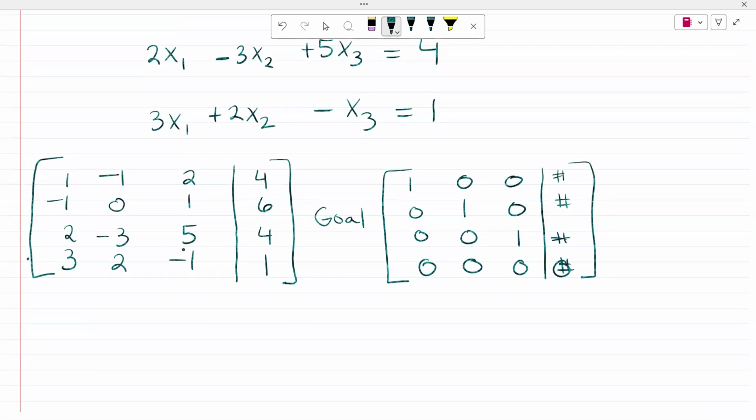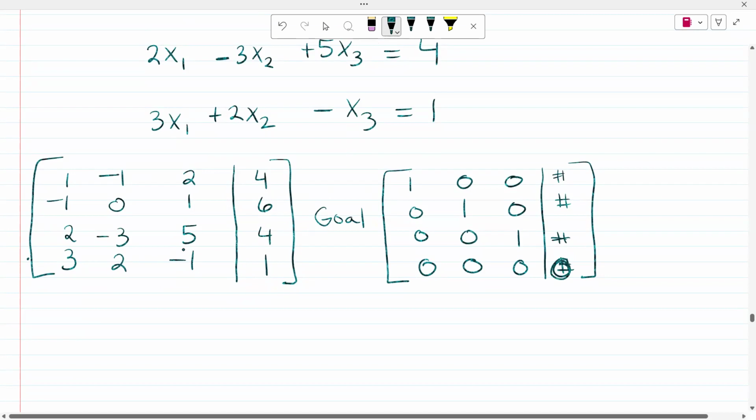We want this last number to be 0, and basically we want this whole row on the bottom to be zeros if we're going to do RREF.